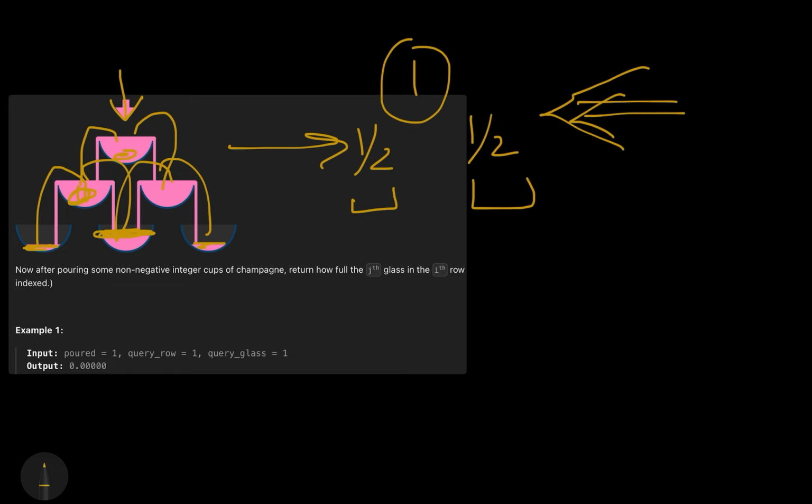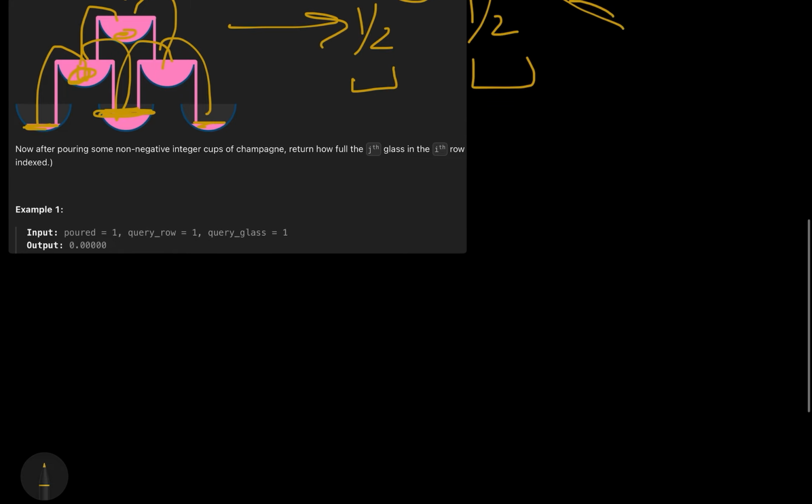And what we have to find: we have been given the number of glasses poured, the query row and the query glass.